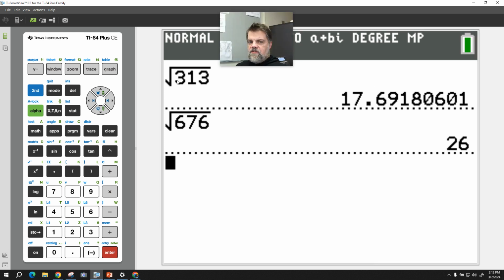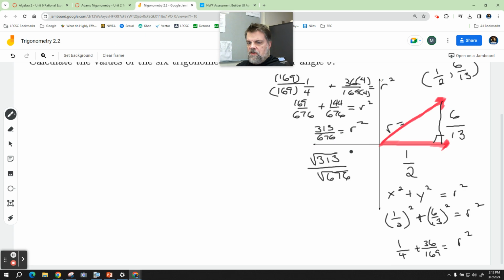So I'm going to have to reduce this 313 thing. So what I do know, though, this is equal to r, and on the bottom I've got 26. So now we've got to simplify this 313.